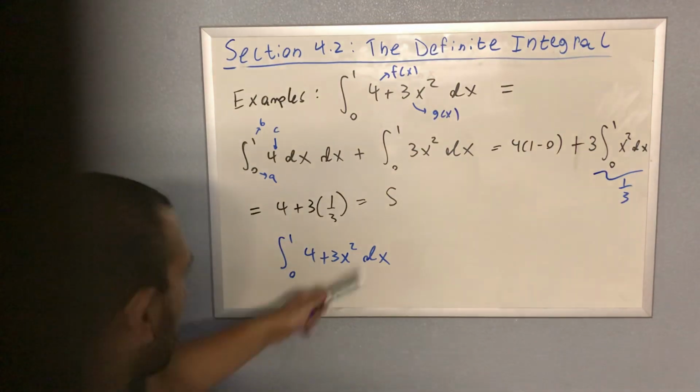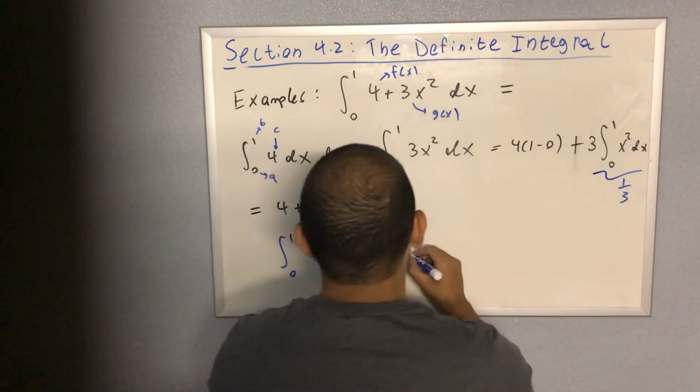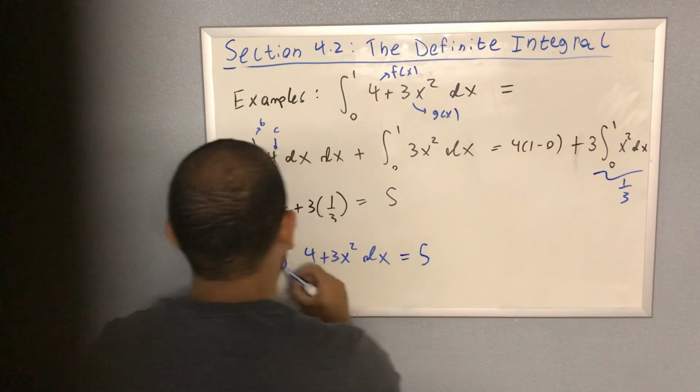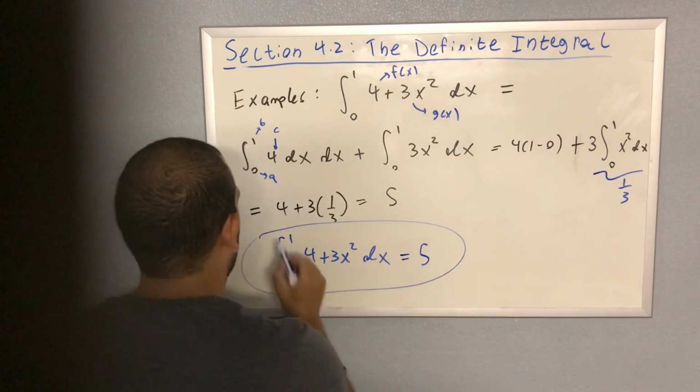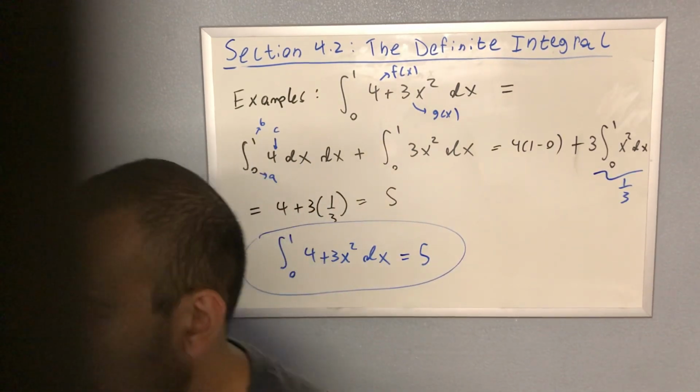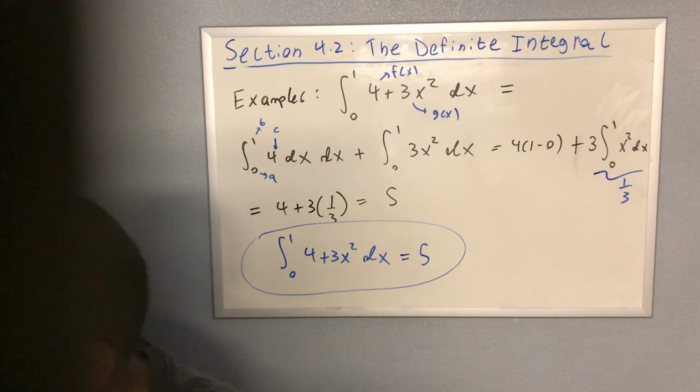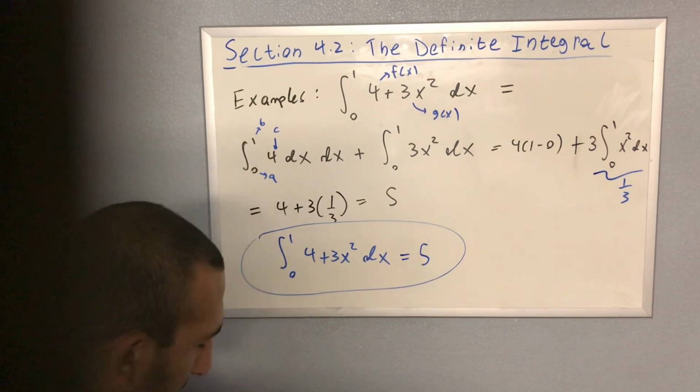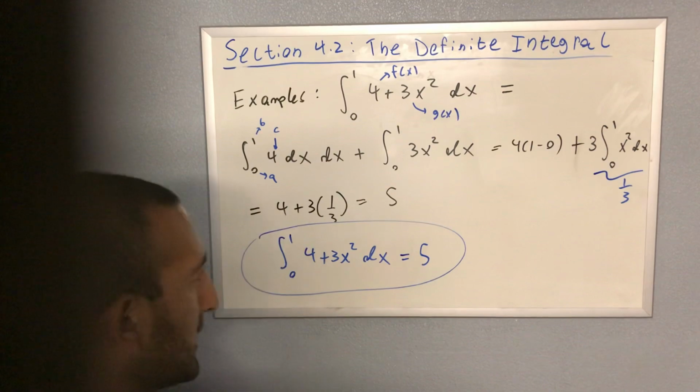We don't have to graph this and do the Riemann sums in this case. It's 5. So yeah, that's a really nice combination of all of those properties that we saw.